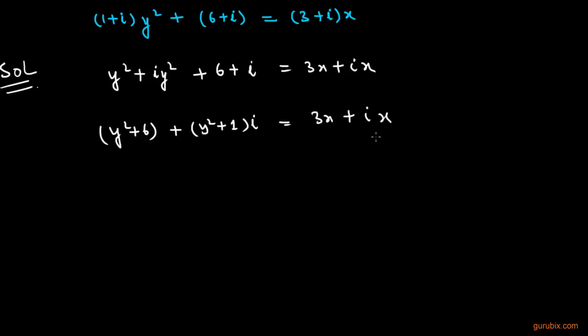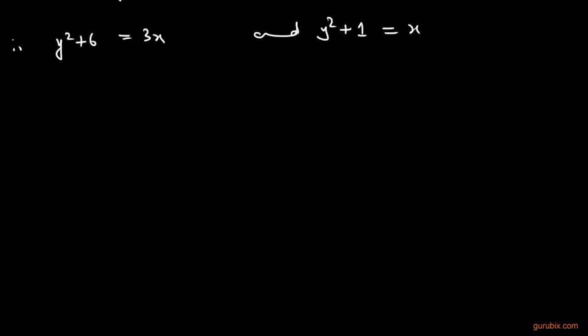Since these two complex numbers are equal, their real parts as well as imaginary parts will be equal. This means y² + 6 = 3x and y² + 1 = x. Now we have these two equations and we have to solve them.